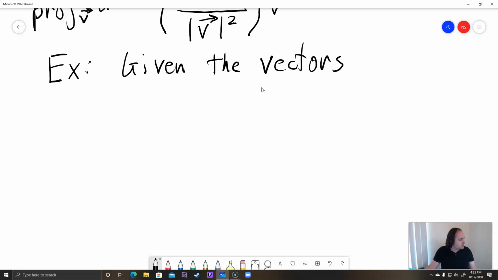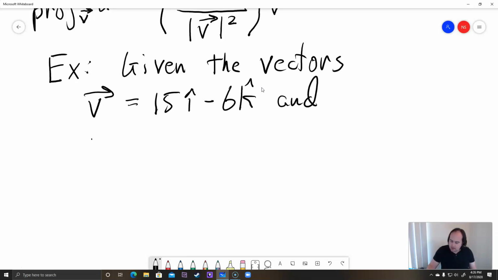Given the vectors v equals 15i minus 6k, and u equals i plus j plus k.